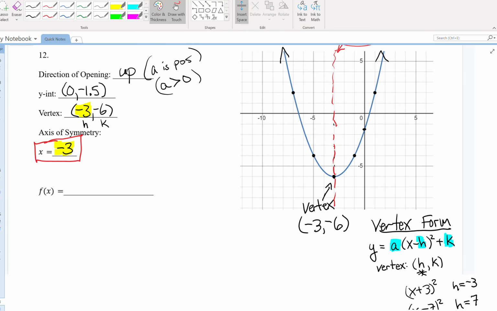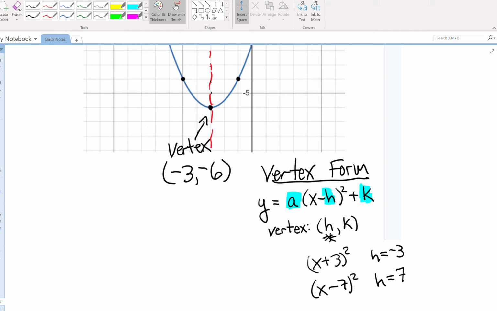So, which of these values do I know? I know h, I know k, and I know that a is positive, but I don't know what a is yet. That one I can figure out. I can also figure out some value of y and x by choosing any point that's not the vertex on this graph.